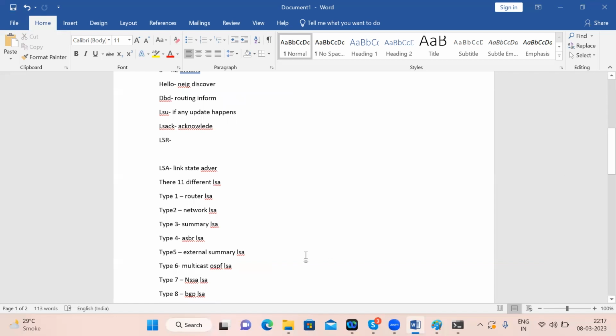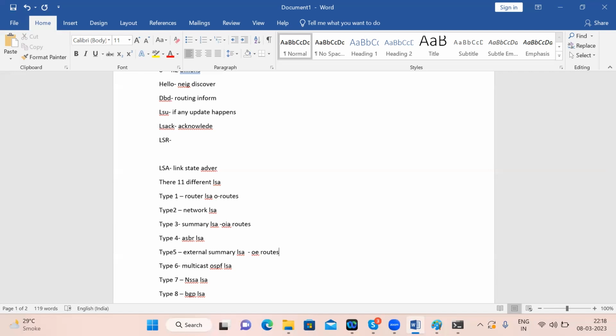Type 5. Have you seen the OSPF routing table?